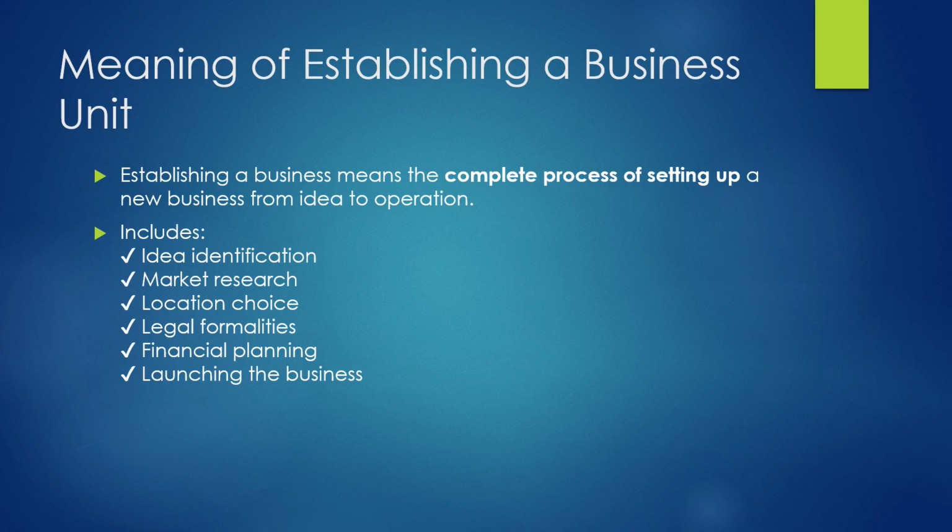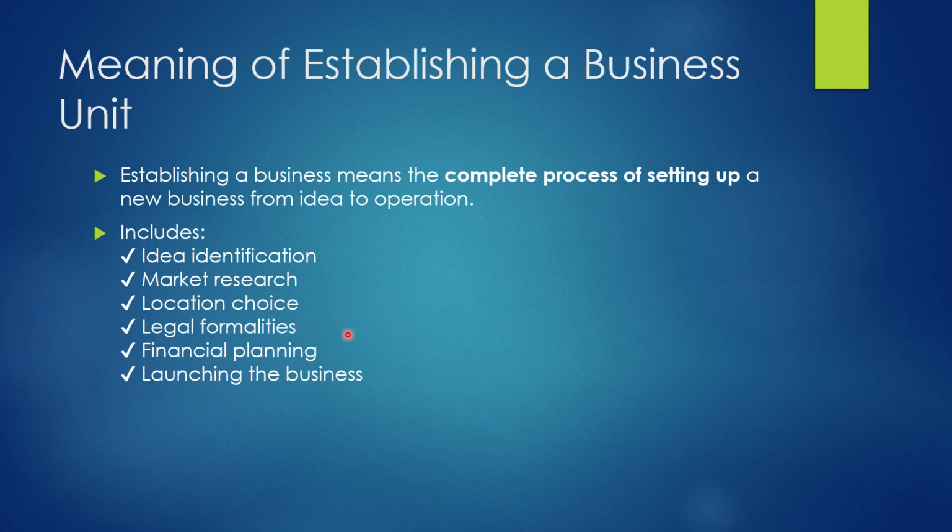Now let's understand the meaning of establishing a business unit. We say that establishing a business unit means the entire process of creating a new business from idea to the actual operations. So what all does it include? It includes identifying the business opportunity, researching market demand, choosing a suitable location, maybe completing some legal formalities.